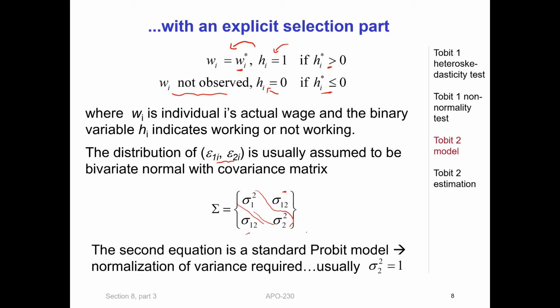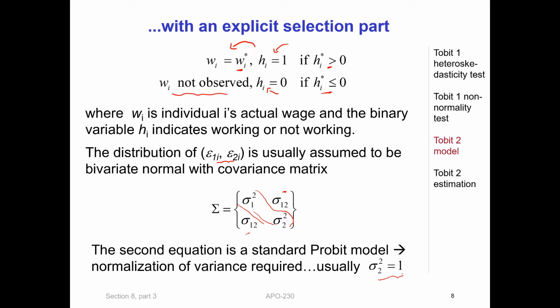However, because the second equation is a standard probit model, the binary process, hi equal 1 or 0, we will have to normalize the variance. Usually the easiest way is to set sigma square 2 equal to 1, because we don't observe the scale of this hi star variable at all. So we have to normalize the variance of the error of this equation.